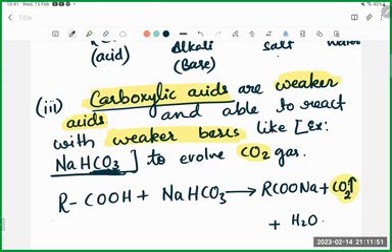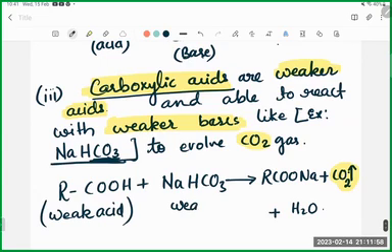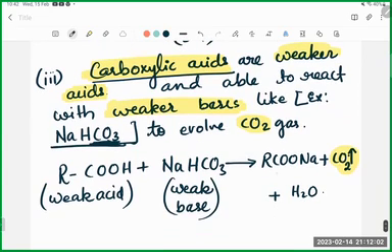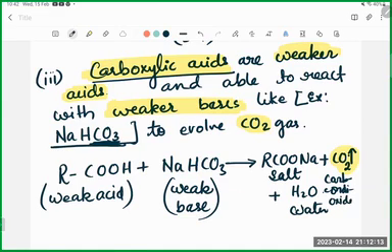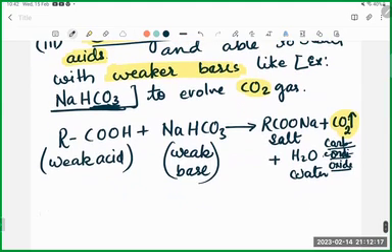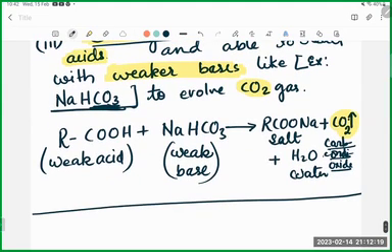So basically this is a weak acid and this is a weak base. That is the reason it gives salt, water, and liberates carbon dioxide. Right, Hridaya? Yes, ma'am.